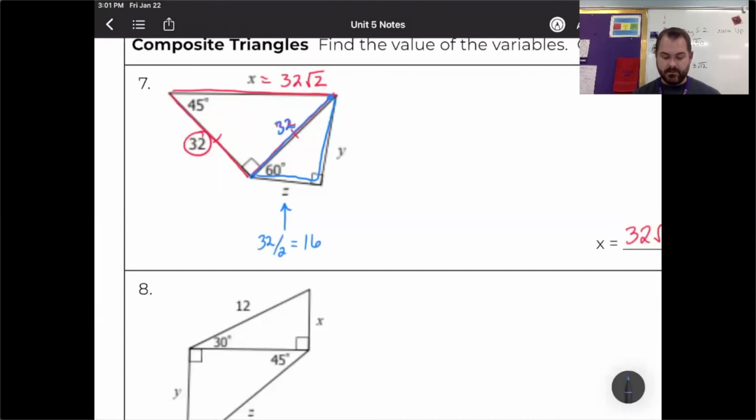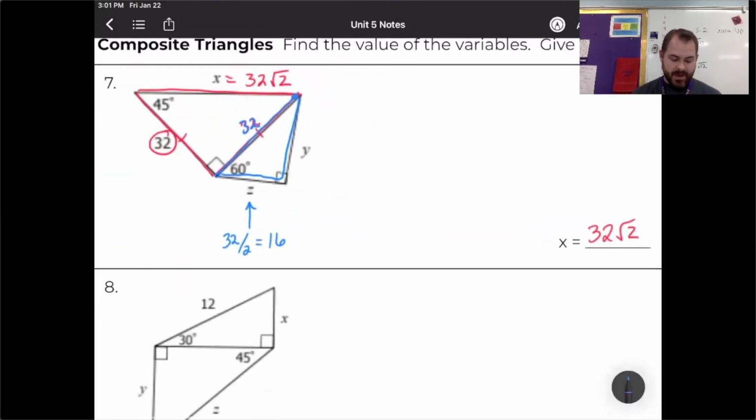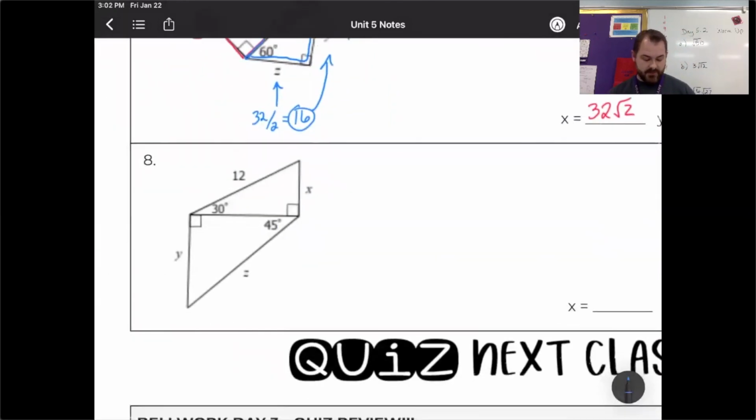So z is 16. Y is the long leg. To go from short leg, 16, to long leg, you just take that number and multiply by root 3. So y is just 16 root 3.